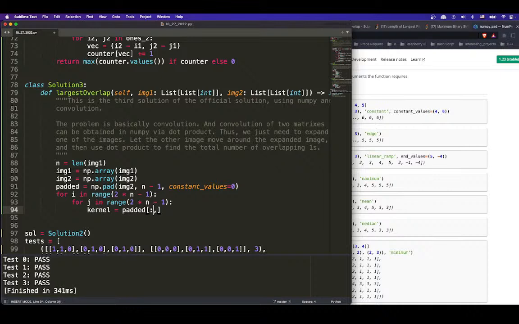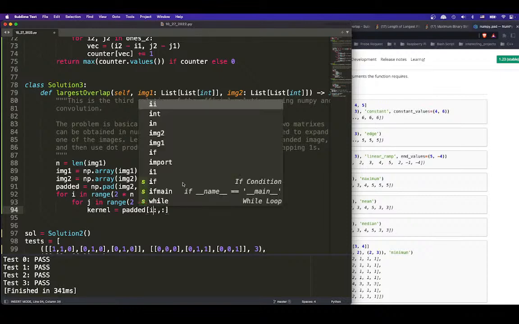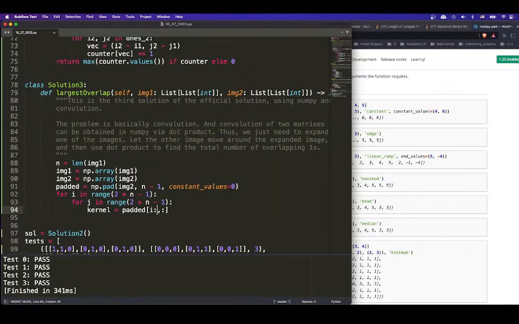So padded, so what's this? From where to where? Well, from i, right, to i plus n, and j plus n, that's not that bad.